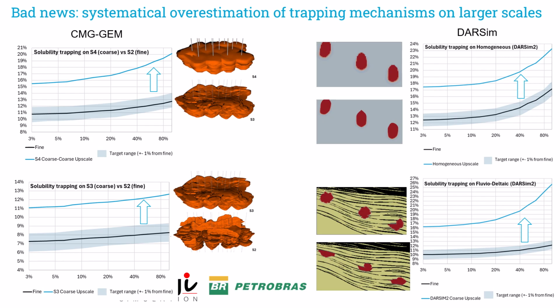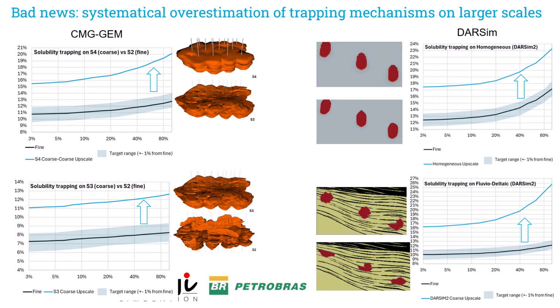In fact, when we evaluated this for different setups, starting from the homogeneous, going to 2D sections and to 3D sections of the 3D simulations of the whole reservoir, you can see that we have every time overstated the solubility trapping in coarser models. So this is a systematic problem that must be solved.